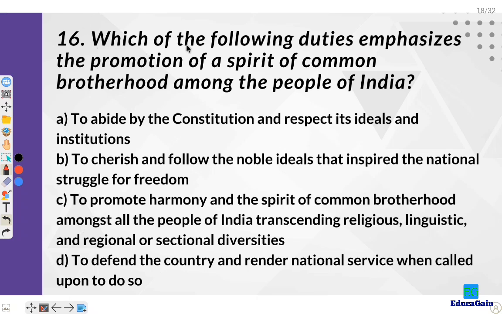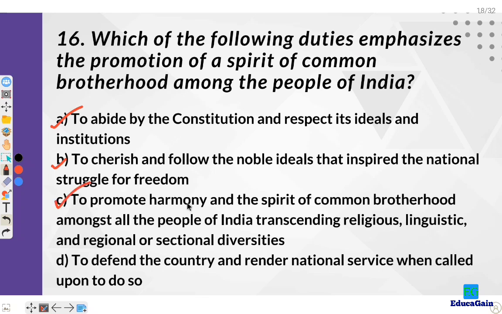Next question is, which of the following duties emphasizes the promotion of a spirit of common brotherhood among the people of India? A, to abide by the Constitution and respect its ideals and institutions. B, to cherish and follow the noble ideals that inspired the national struggle for freedom.